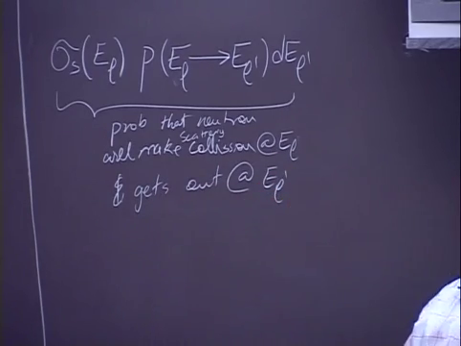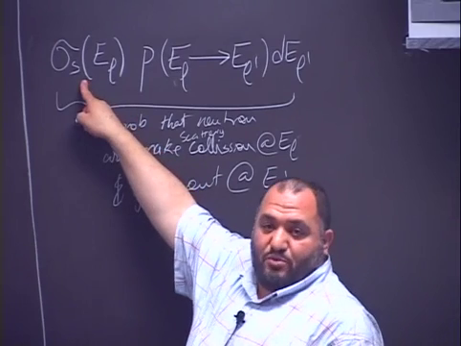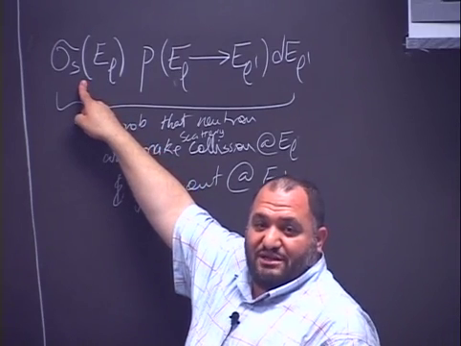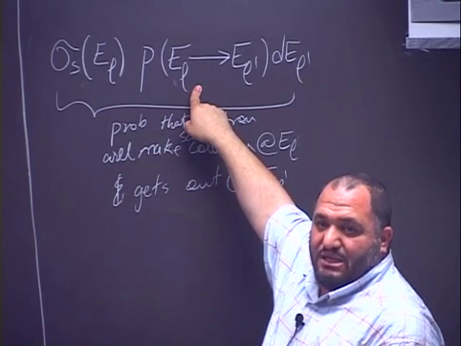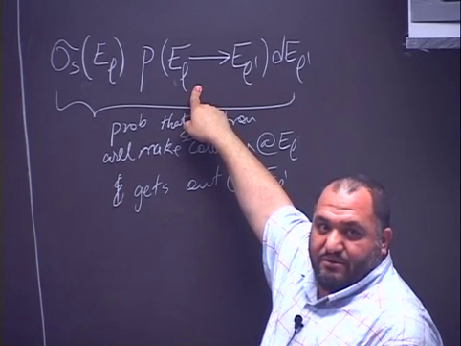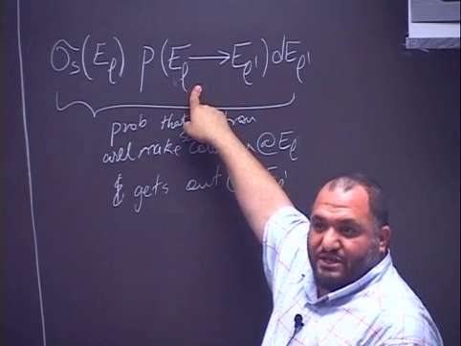You agree? This is the probability that you will make a collision at EL, and this is the probability that once you make a collision at EL, you will get out at EL prime. Make sense to you guys?